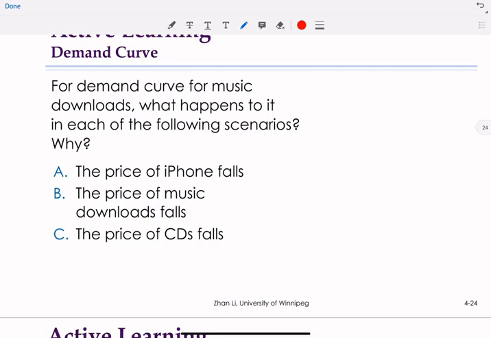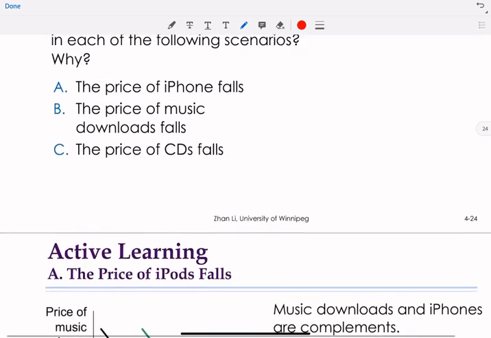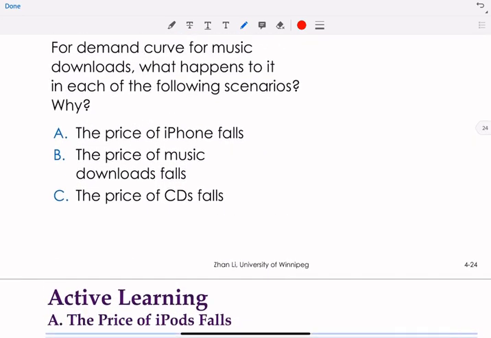Now, think about the relationship between music downloads and iPhone, right? I would say they're complements, right? So in this case, if the price of iPhone falls, then according to the definition, the demand for music downloads should increase, right?